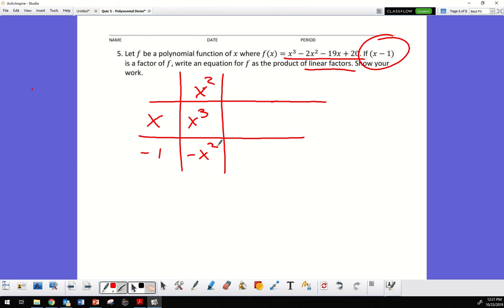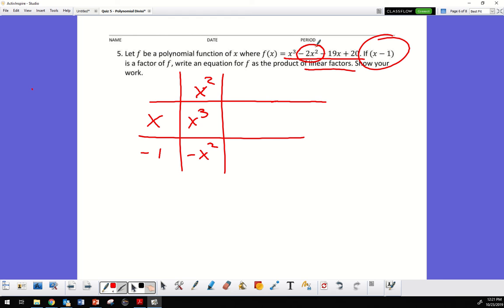So now I have x squared. My x squareds have to add up to negative 2x squared. So I have a negative 1x squared here, and something has to add up to negative 2. Look, I have a negative 1 here, right?